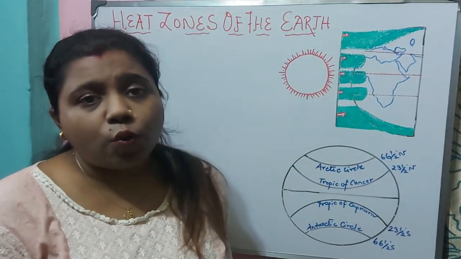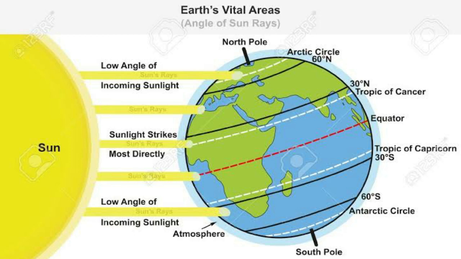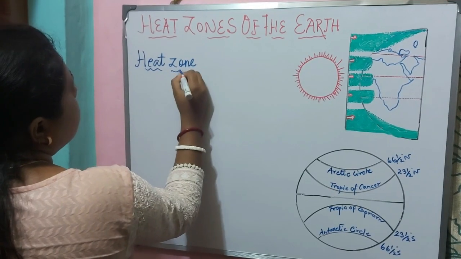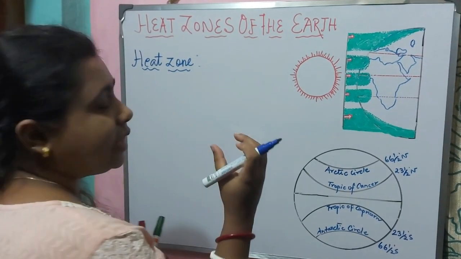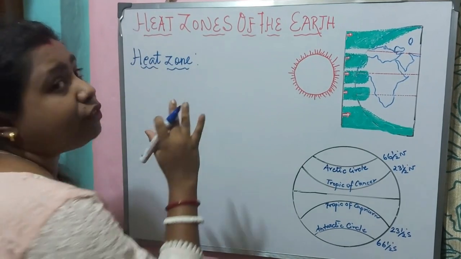So first let us know what you mean by heat zone. What is heat zone? You can well understand that as I am saying the word heat, that means something related to the rays of the sun.